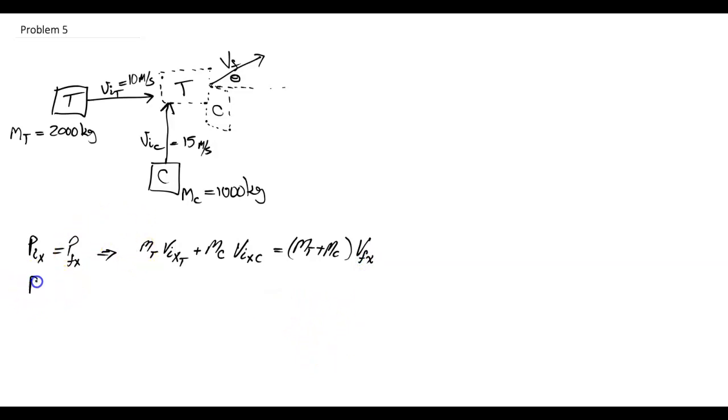And likewise, we can say initial momentum in the y has to equal final momentum in the y direction, which means the mass of the truck times the initial velocity of the truck in the y direction plus the mass of the car times the initial y direction velocity of the car has to equal the mass of the truck plus the mass of the car, since they stuck together, v final y.